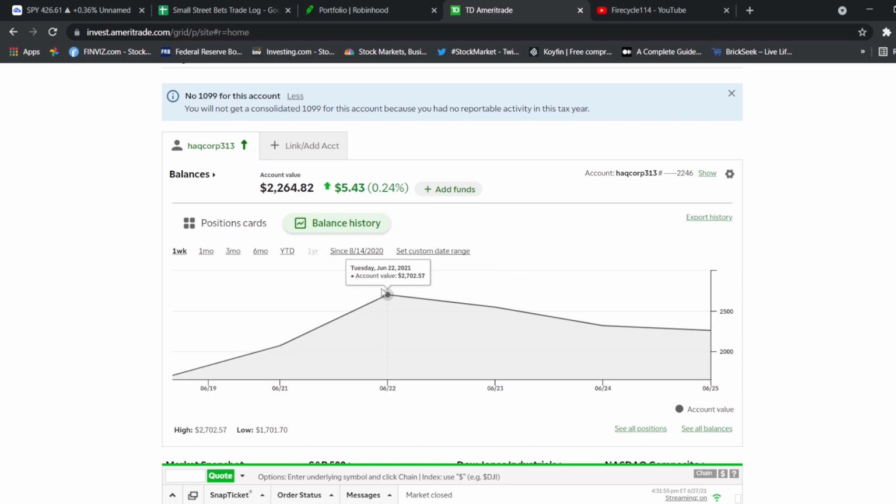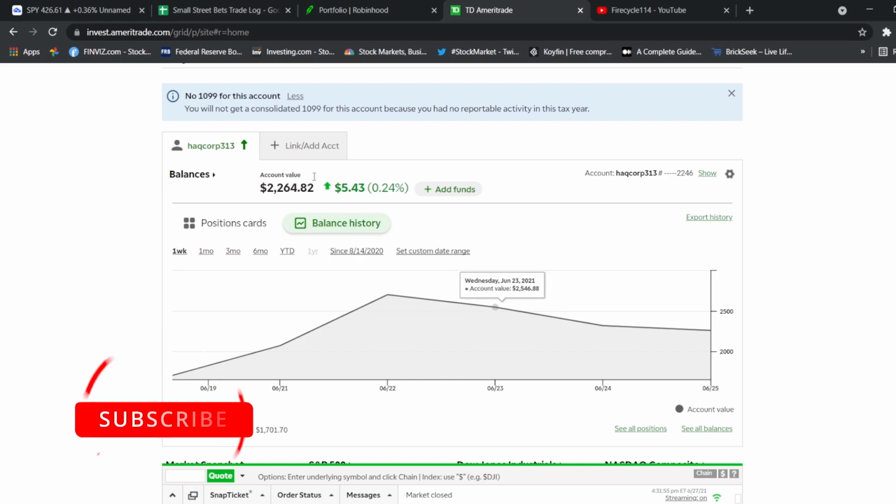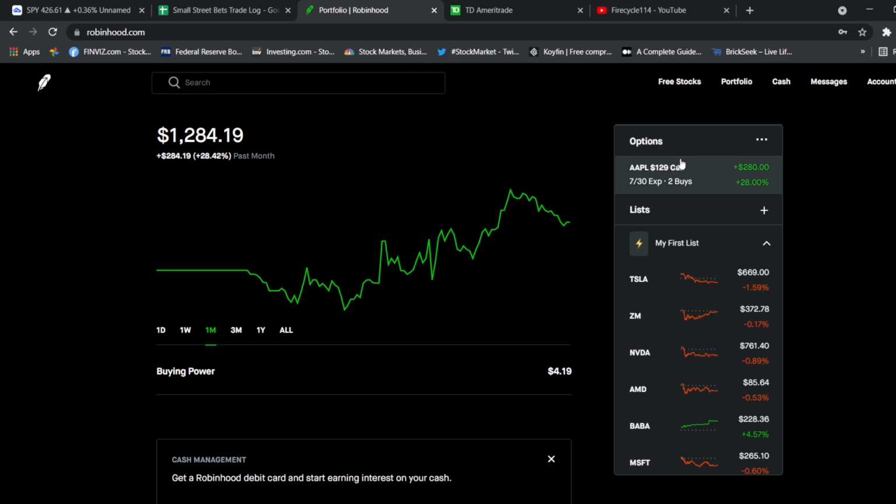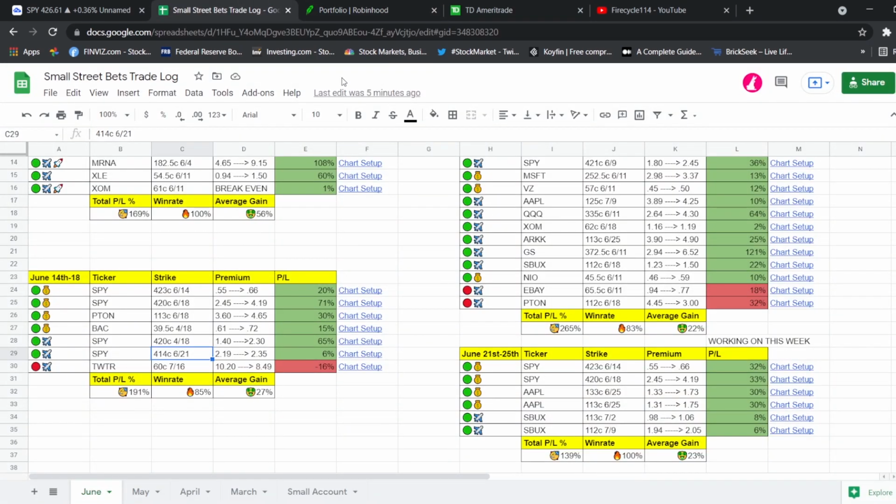We hit a peak of 2,700, almost 50% on the account, and now we're up around 30ish%, 2,260. On this Robinhood account, I'm only swinging one position, which is an Apple call, and I'm most likely swinging 2 expirations. I'm not selling this, but once we hit the date of the expiration, I'll be selling out of Apple.